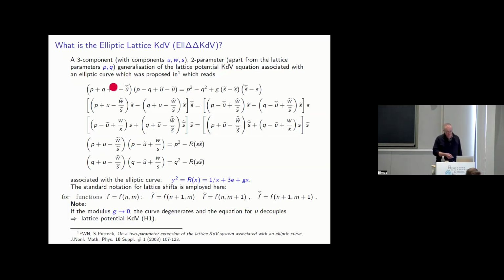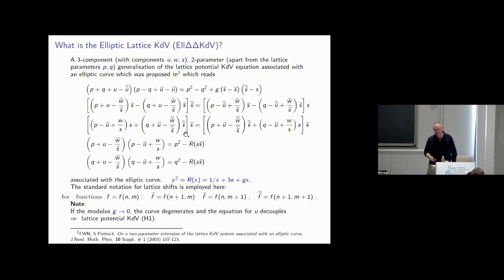And this equation in that list is denoted by H1, and it is the simplest of all the equations, but it already appeared much earlier in the work, for instance, of Wahlquist and Estabrook as the permutability condition of the Backlund transforms for the KdV equations. So this is actually what you could consider to be a discrete potential KdV equation, without this S term. But when you switch on the modulus, then this gets coupled with the S, and then there's a whole raft of other equations that come into play.